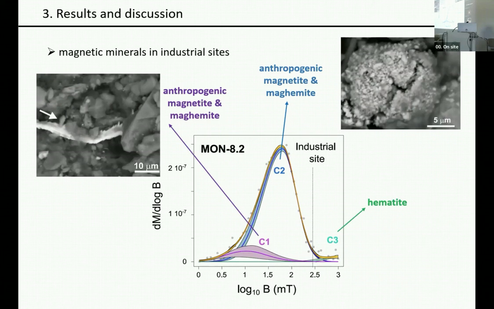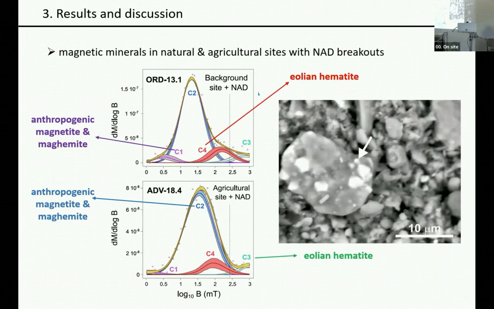If we go to an industrial site, we see exactly the same components. This C1 attributed to large magnetite and maghemite particles, this C2 attributed to these irregular aggregates of finer grains of magnetite and maghemite, also of anthropogenic origin, and then this third component of hematite.